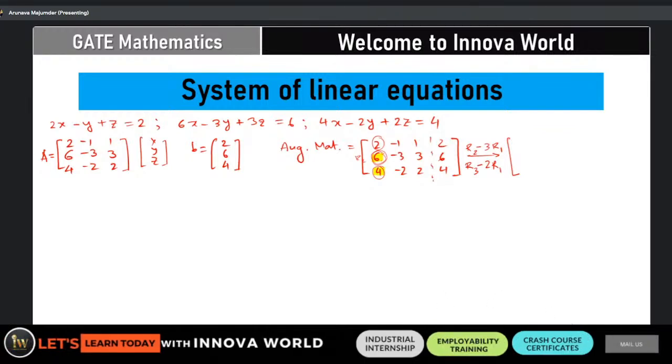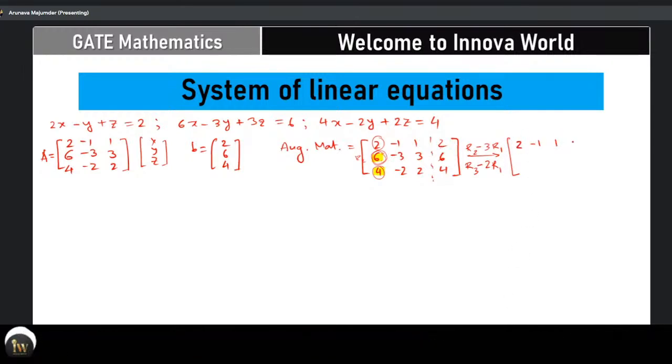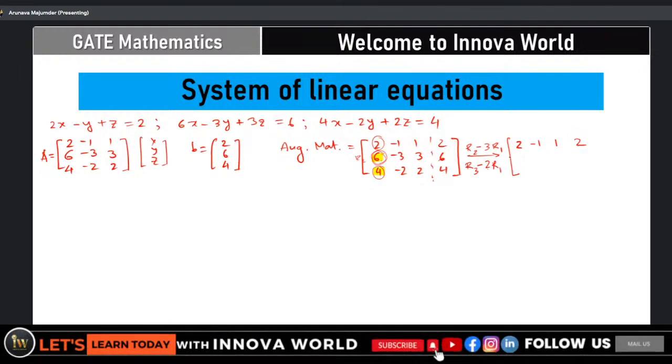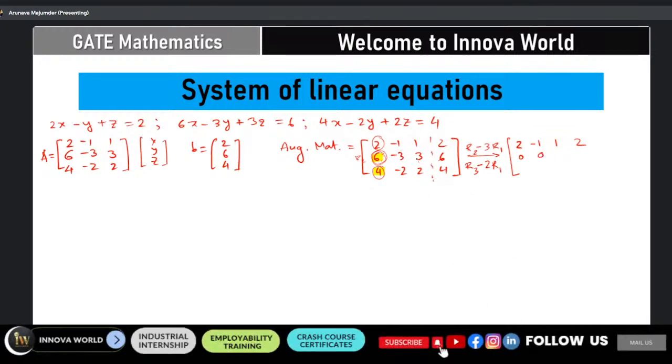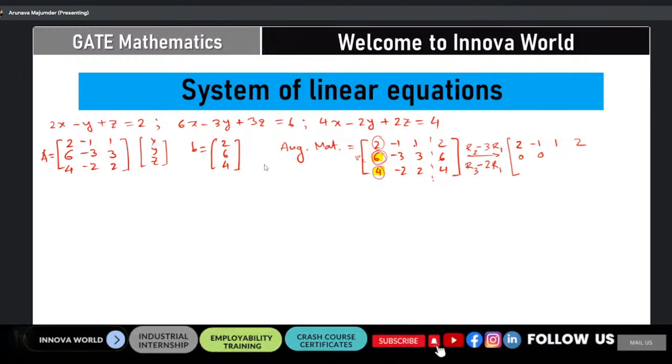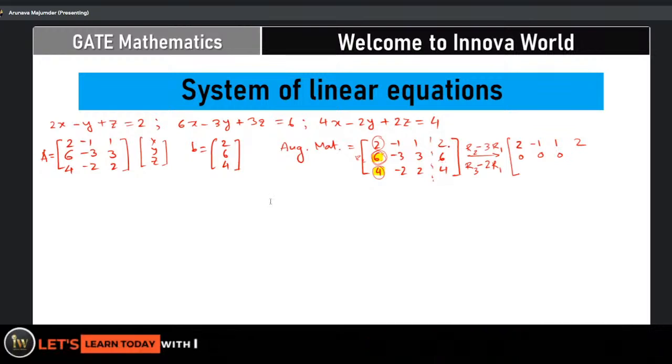Now what can we find here? The first row is 2 minus 1 1 2. The second row: the first element is 0; minus 3 into minus 1, so plus 3, minus 3 plus 3 is also 0; then 3 minus 3 into 1 is also 0; and 6 minus 3 into 2 is also 0.